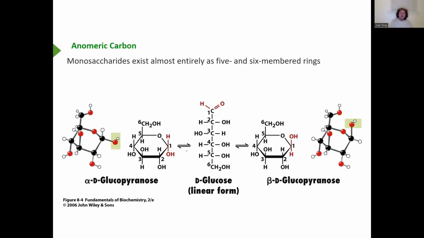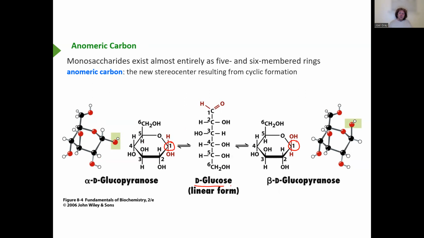If we look at monosaccharides, almost always they are going to exist as 5 and 6-member rings. We've got glucopyranose on the left-hand side. We've got another version of glucopyranose on the right-hand side. That anomeric carbon, that newly formed chiral center at carbon number 1, right here and right here, is going to be pivotal for our nomenclature.